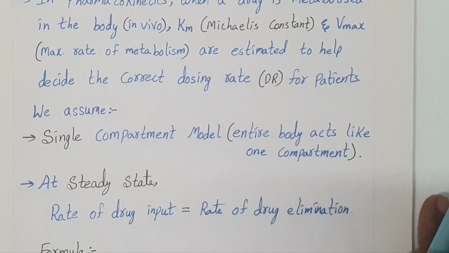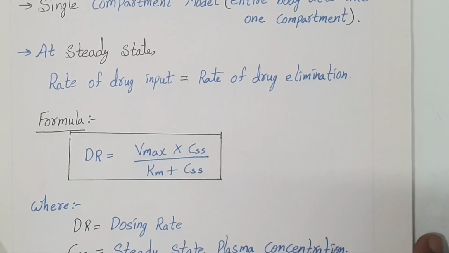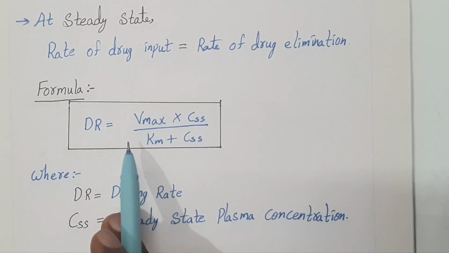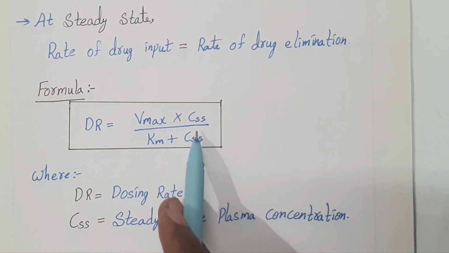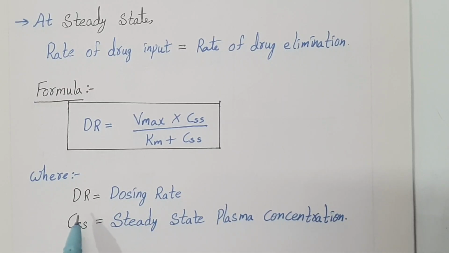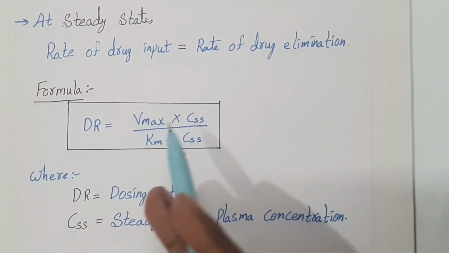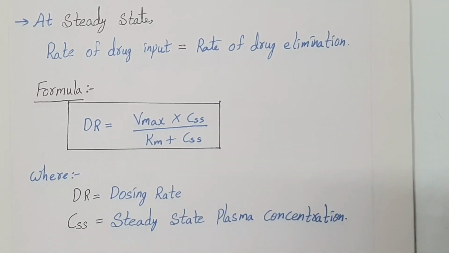The basic formula here is DR equals Vmax into Css divided by Km plus Css, where DR is the dosing rate and Css is the steady state plasma concentration. You know that Km is the Michaelis constant and Vmax is the maximum rate of metabolism.